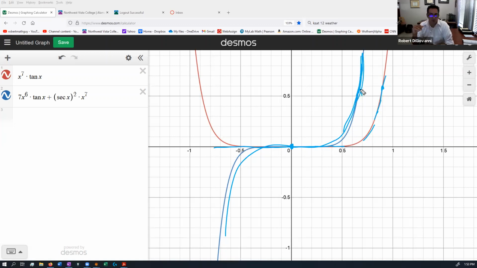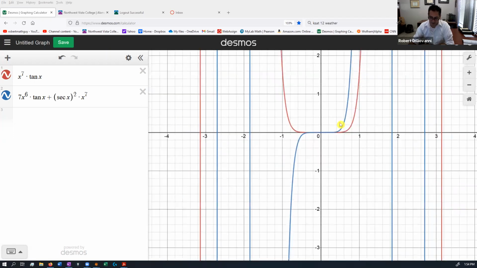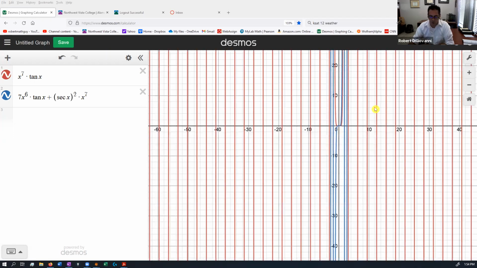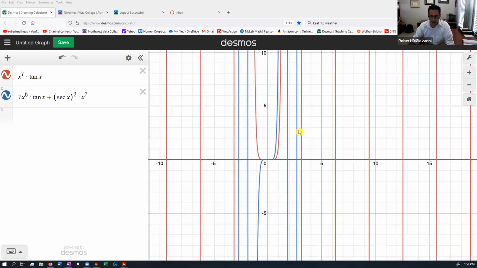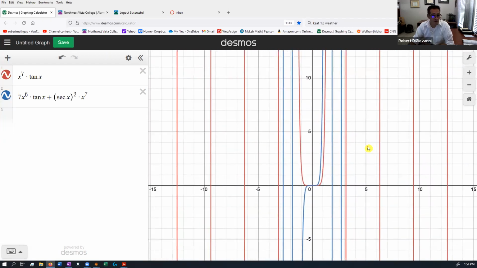It's right. I'm not concerned that it's not. I was just trying to show you that you could verify that. It's just a really ugly function. So there does come a point where it's not easy to check your answers visually. You just have to trust that you've done the algebra right, done the calculus right.